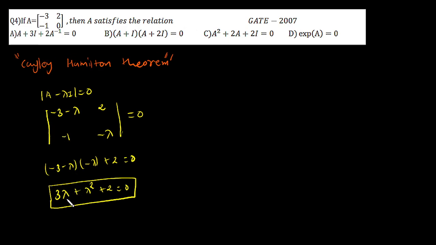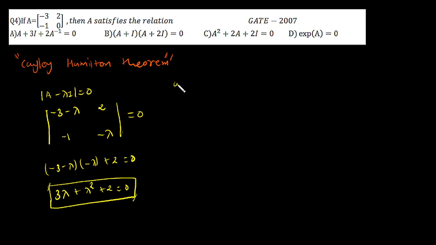So now let's replace this lambda with this matrix A, because the Cayley-Hamilton theorem says that every matrix, here the matrix is A, satisfies its own characteristic equation. Here we have found the characteristic equation.